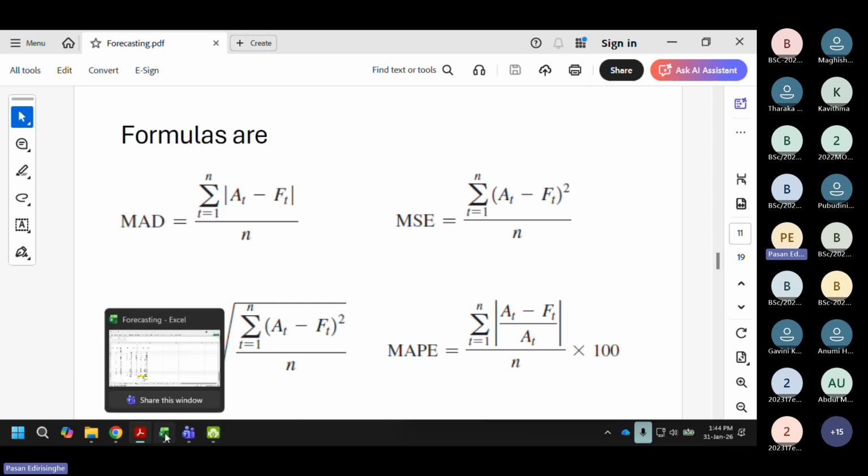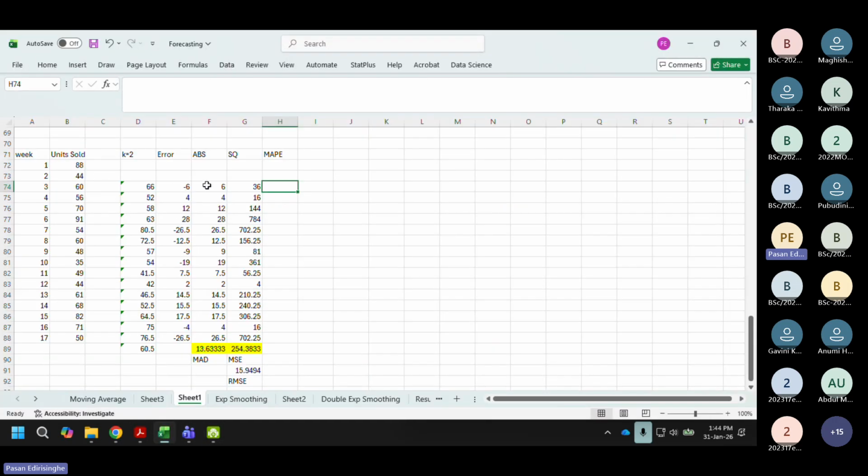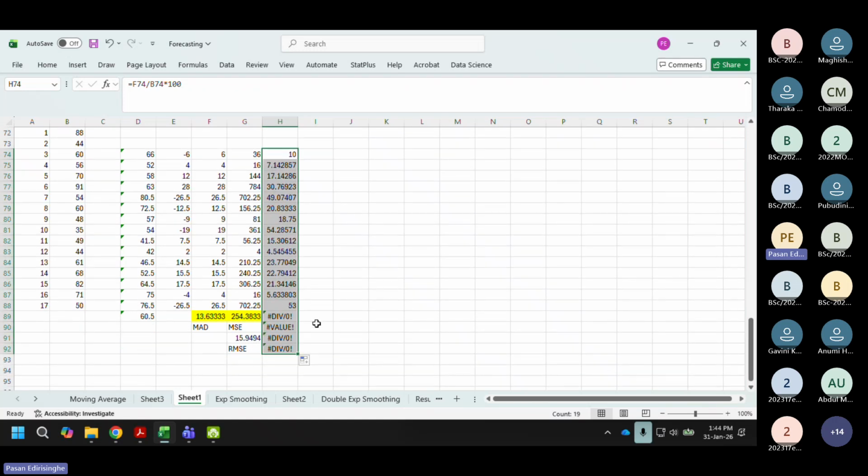So it equals the absolute value divided by the actual value, multiplied by 100. Those are the calculations we can have. So I will remove this, and then I can take the average of that.